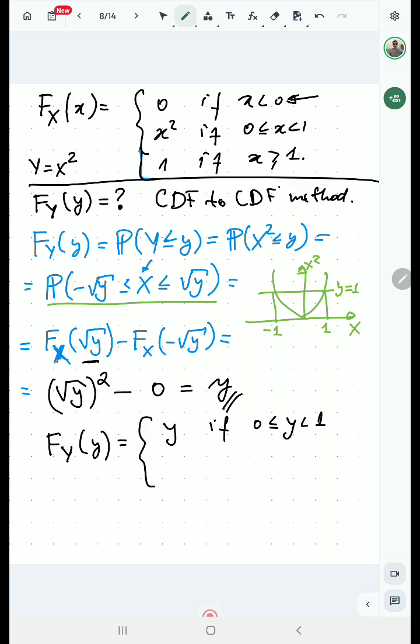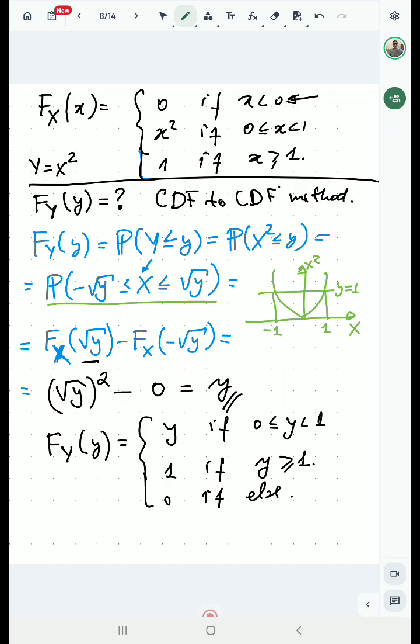If x is greater than 1, then y is going to be greater than 1, obviously. So y is greater than or equal to 1, and 0 elsewhere. Okay, great. What else can we do?